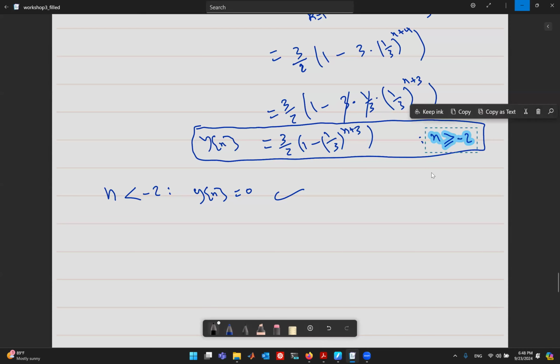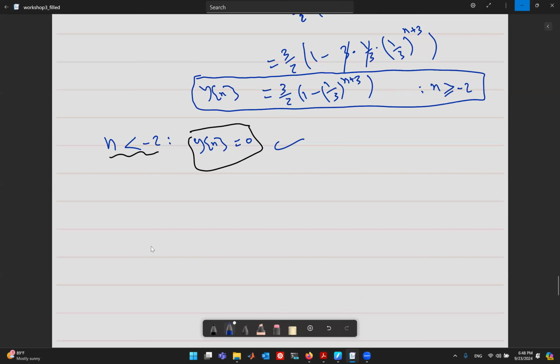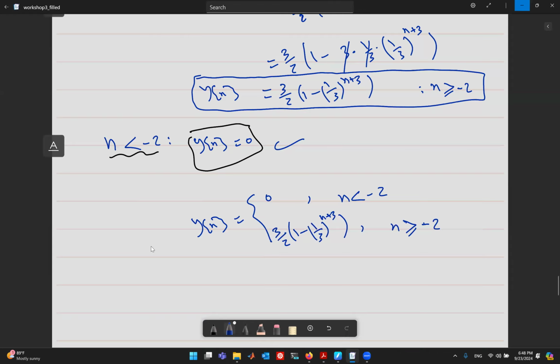So now we have yn completely defined. We can write it finally this way. yn is 0 when n is less than minus 2, and it's 3 divided by 2 times 1 minus 1/3 to the power n plus 3 when n is larger than or equal to minus 2.